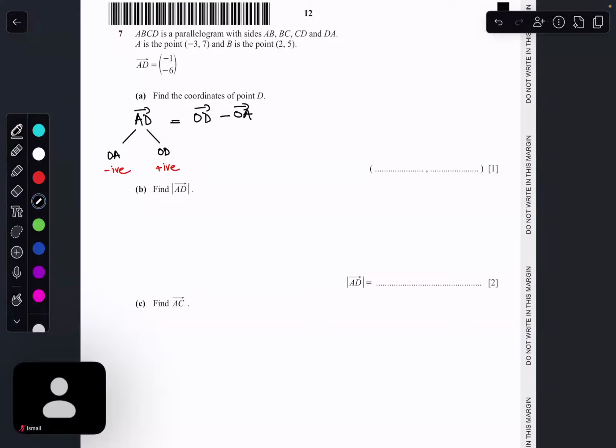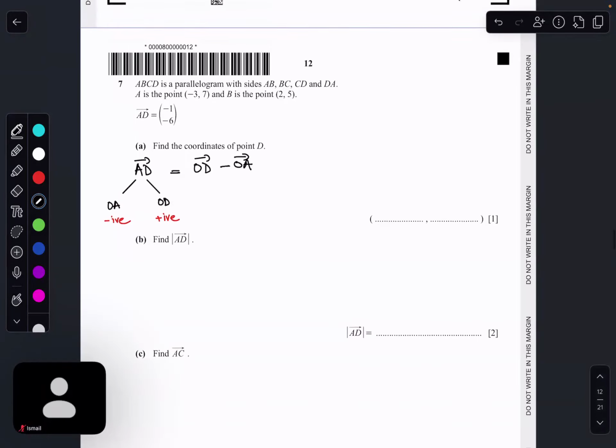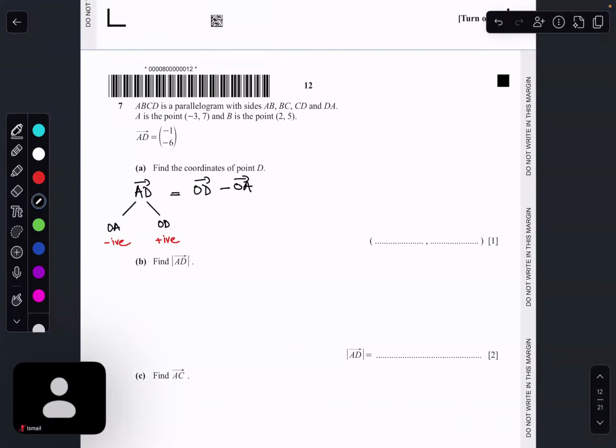Now, because we are dealing with position vectors and coordinates, just remember this: the coordinates of a point are the same as the position vector of a point.